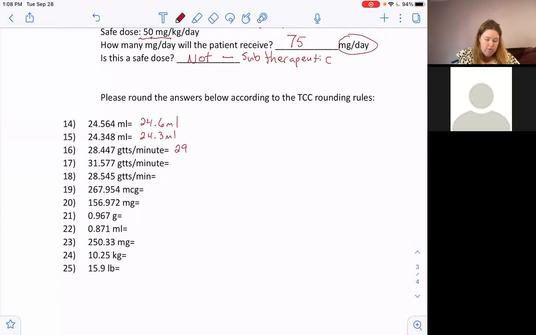So 29 drops per minute, 32 drops per minute, 29 drops per minute, 268 micrograms, because this 5 bumps the 9 into a 10, which bumps that up into an 8.